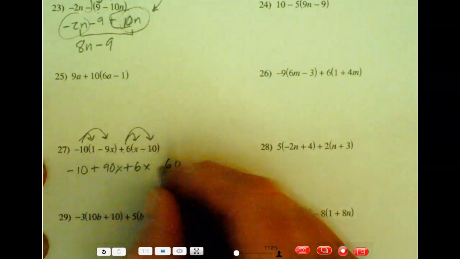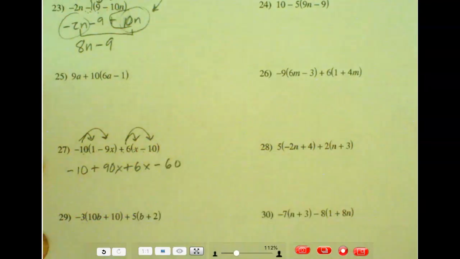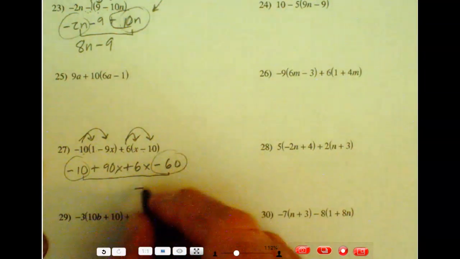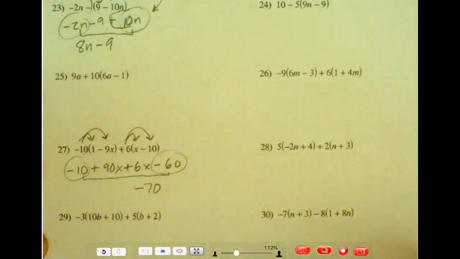It's a positive times a negative, so that's a negative 60. Now I can see if I can combine some stuff here. Well, I've got a negative 10 and a negative 60, so I got minus 70. And then I've got a positive 90 and a positive 6, so that's 96x minus 70.